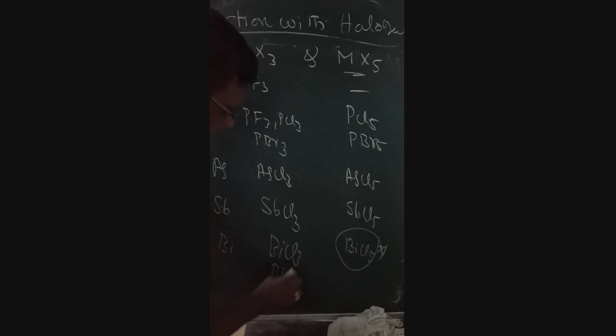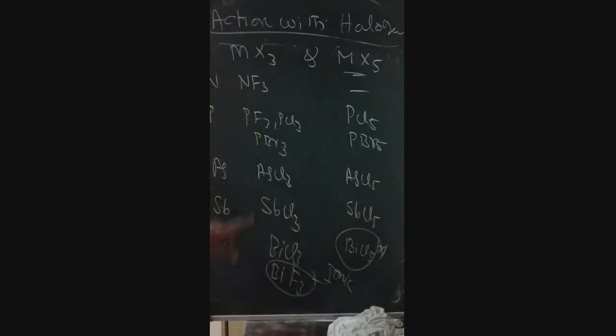Especially in the formation of trihalides, BiF3 is of ionic nature. This is one of the important points, children. In trihalides, bismuth trifluoride is of ionic nature, whereas the remaining trihalides are covalent, as well as the pentahalides. In comparison, pentahalides are more covalent than trihalides.